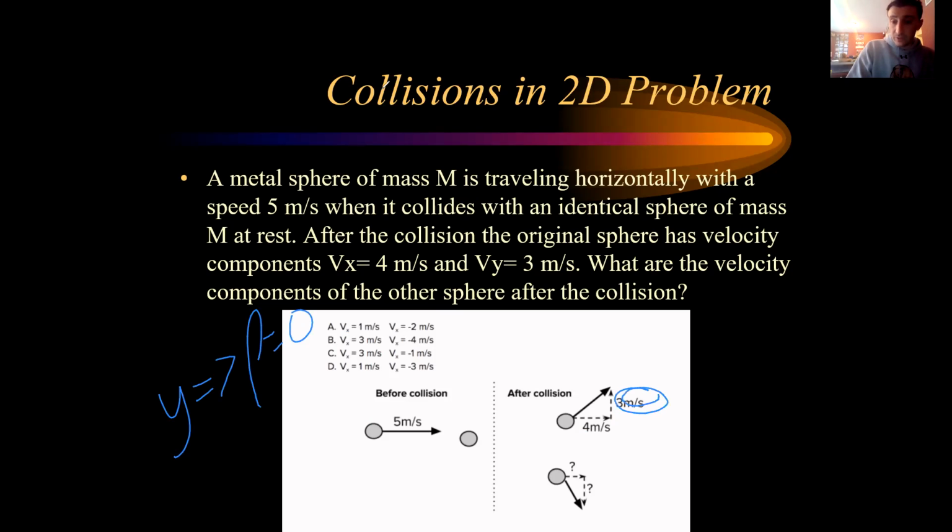If I look here, this is 3. To get the Y to equal 0, the other Y has to be negative 3. Well, the only option that has a negative 3 is this one, right? Would the X velocity of 1 make sense here?